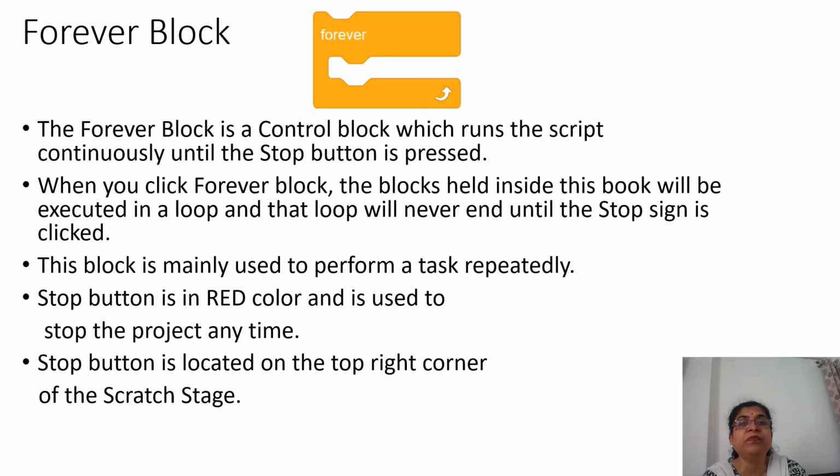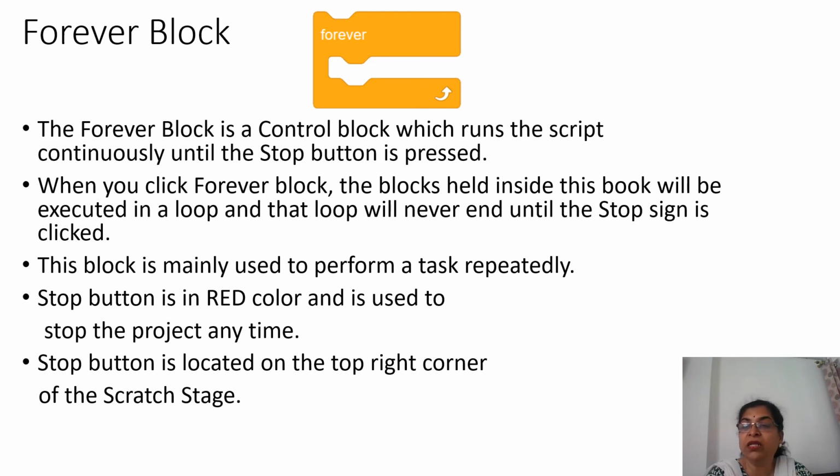Then the forever block. The forever block is a control block which runs the script continuously until the stop button is pressed. When you use the forever block, the blocks held inside it will be executed in a loop, and that loop will never end until the stop sign is clicked.